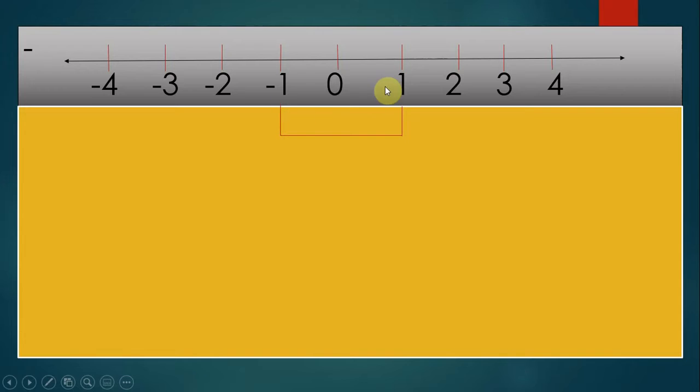If you add up -1 and +1, the answer is 0. Likewise with -2 and +2. When you combine these two opposite numbers, the answer is 0.